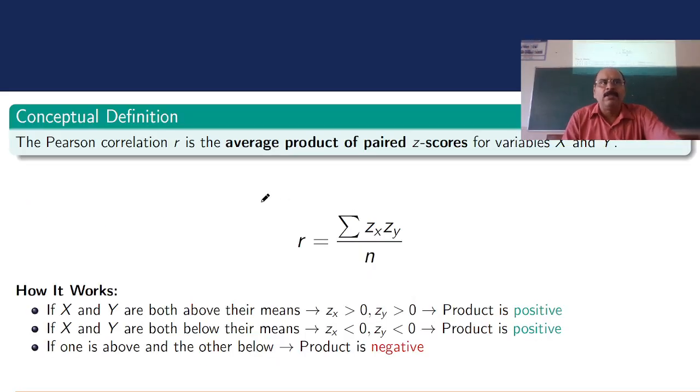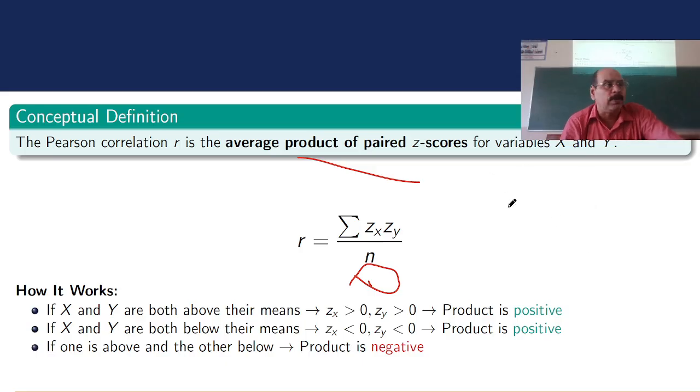So all said and done, we know what R is. Now we are getting into the real implementation part of how we should find out R. One way of finding it out is the average of the product of paired z scores.